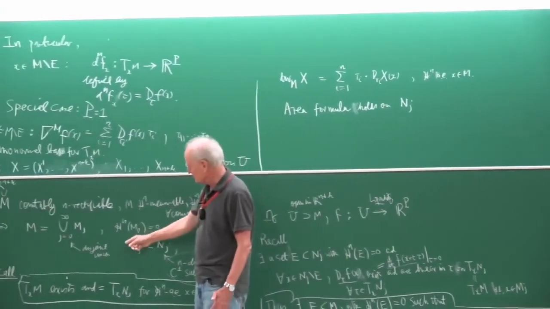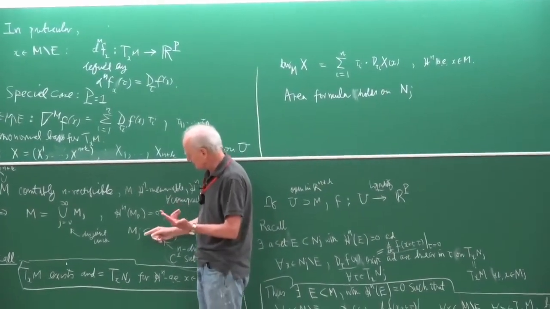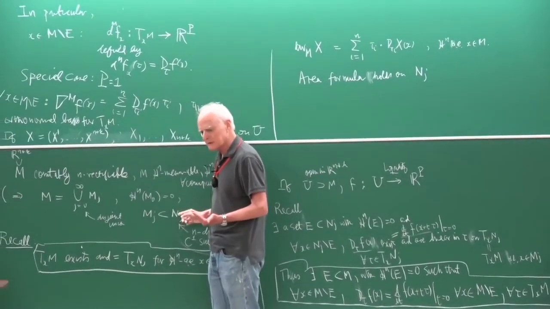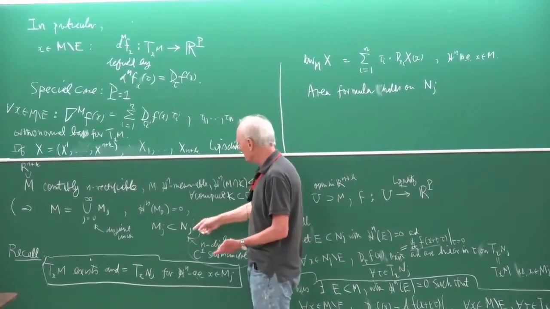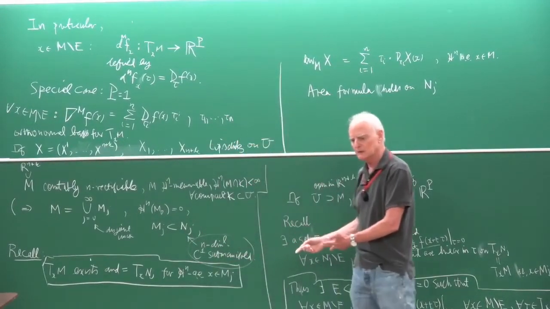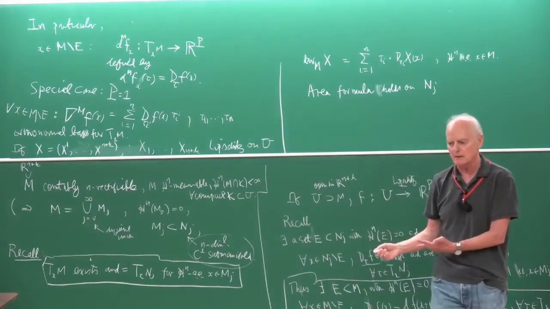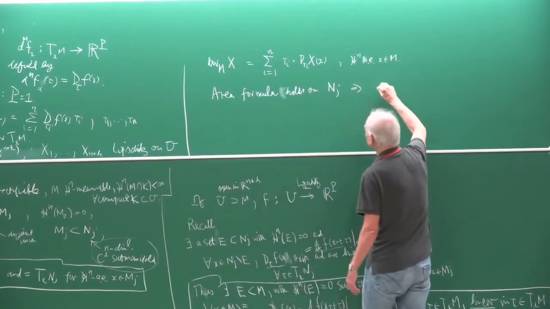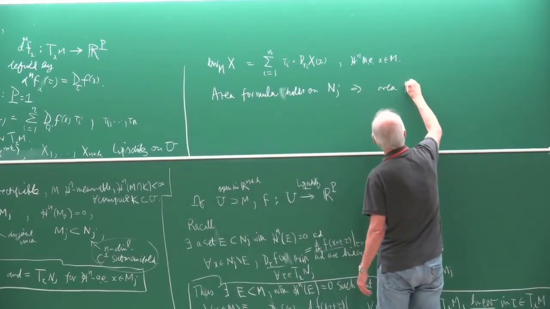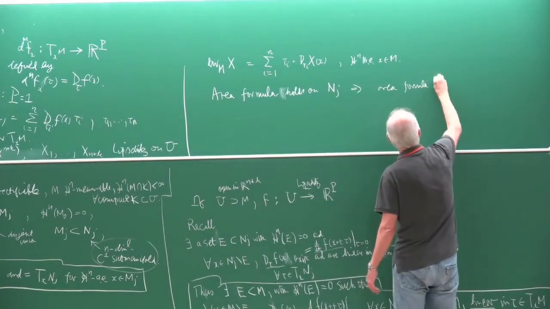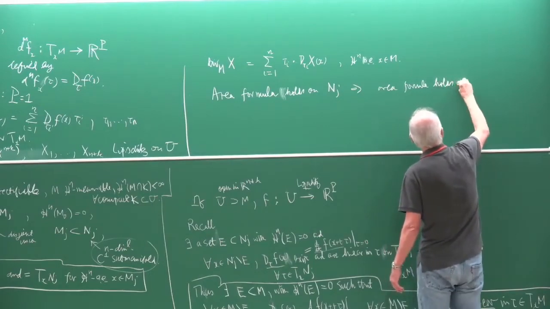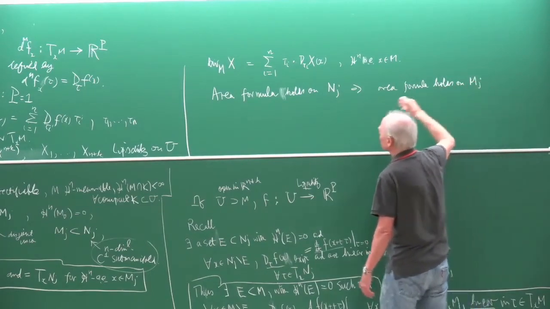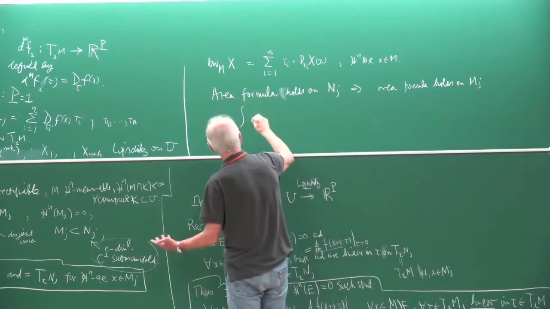It holds on M_j for two reasons. One is that M_j is a subset of N_j, and the other is that the approximate tangent space of M_j is the same as the approximate tangent space of N_j. So this implies that the area formula holds on M_j, and it looks just as it normally does.